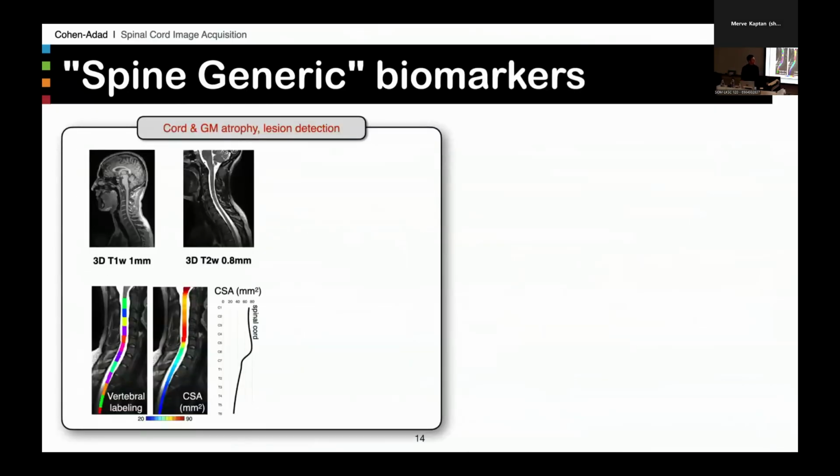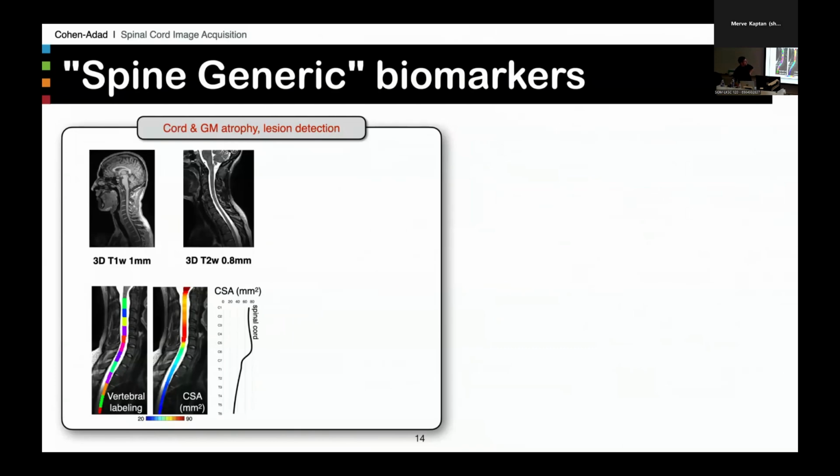And the purpose of this protocol is to be able to generate nice looking T1 weighted anatomical images, which are used for segmentations, and T2 weighted with a better resolution, which are also used for segmentation of the cord. And this segmentation of the cord can give you cross-sectional area, which is a relevant biomarker for spinal cord atrophy, for example.